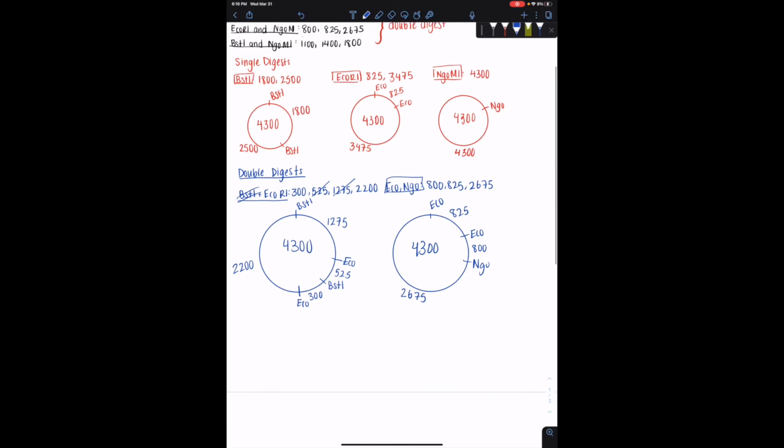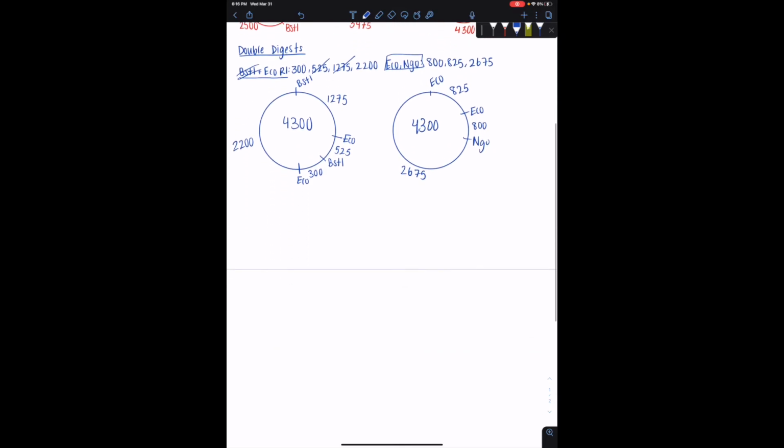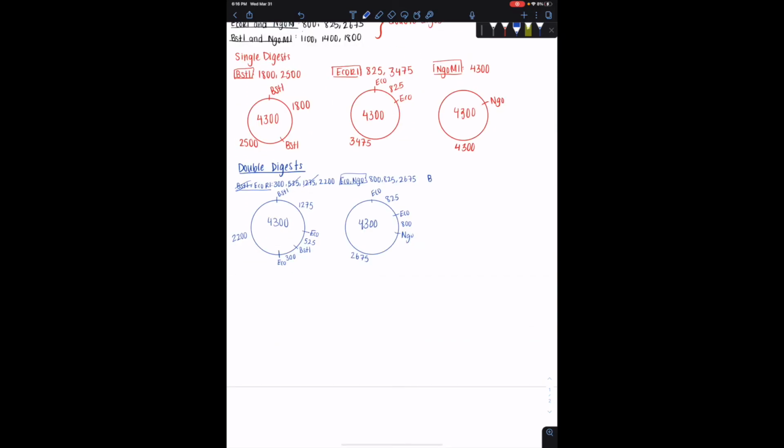So the next one we have is B plus N. BST1 and engo MI. These are the size of the fragments we're going to be using: 1100, 1400, and 1800.